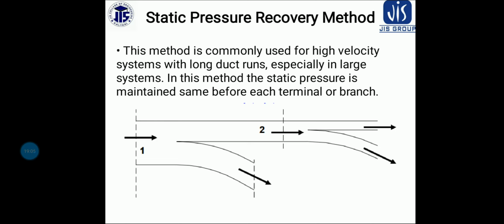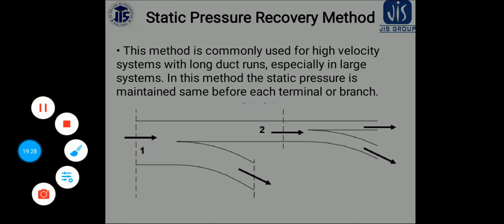If this phenomenon is occurring, then the mass flow rate at section 1 is rho a1 c1, and the mass flow rate at section 2 is rho a2 c2. According to the continuity equation, rho a1 c1 is equal to rho a2 c2.